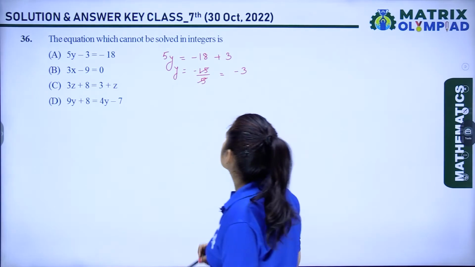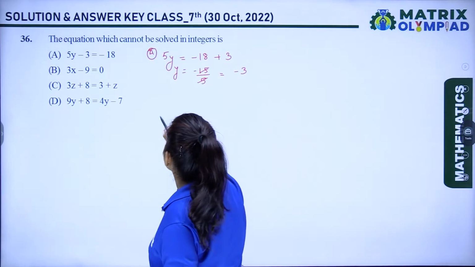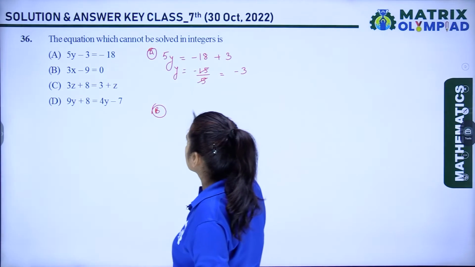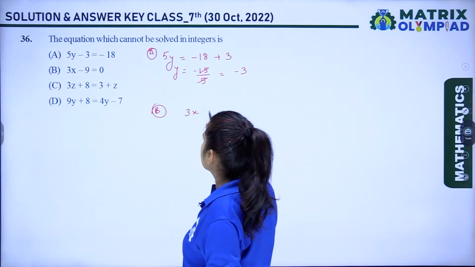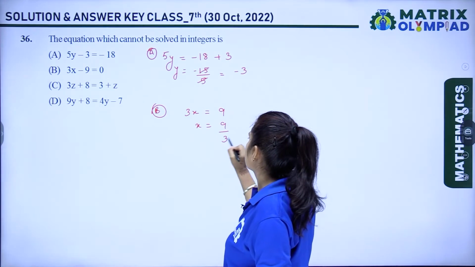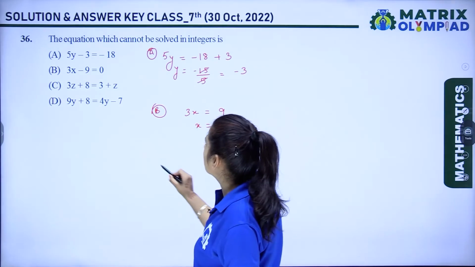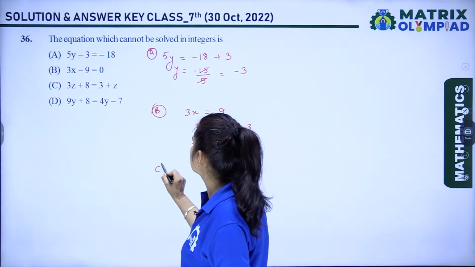So the value of y is -3 in the first option. This is option A. Now option B: 3x equal to 9. So x is equal to 3. So here option B is also an integer.